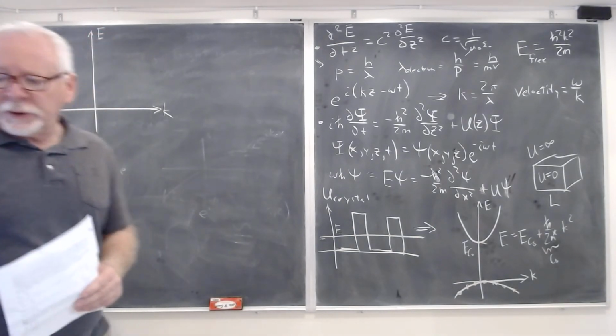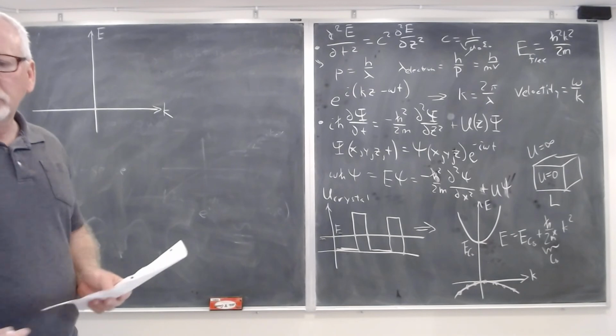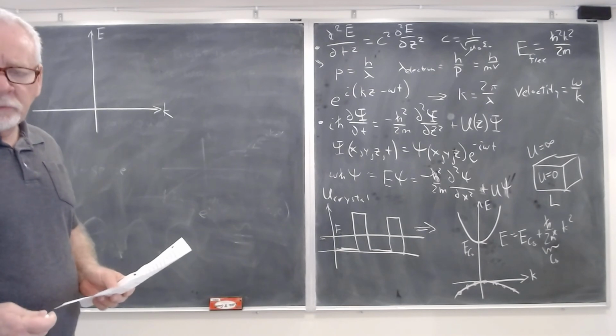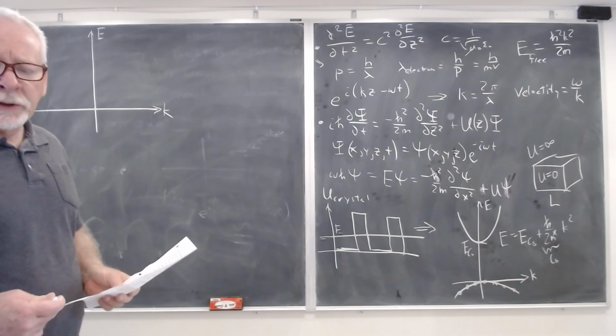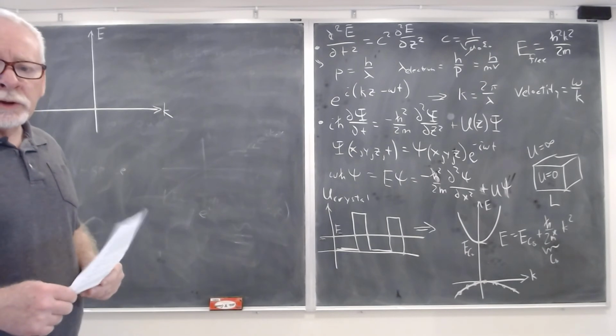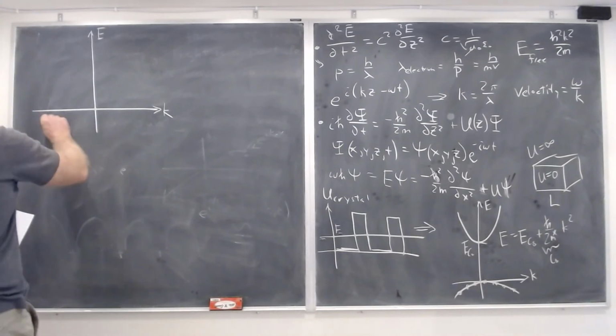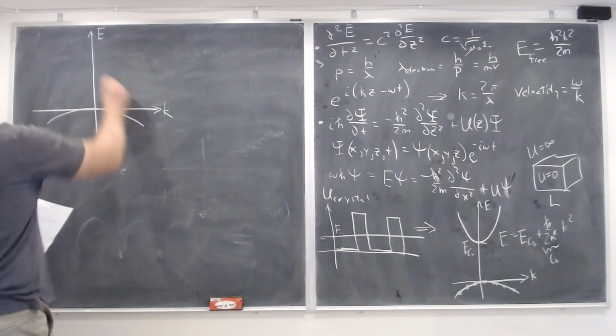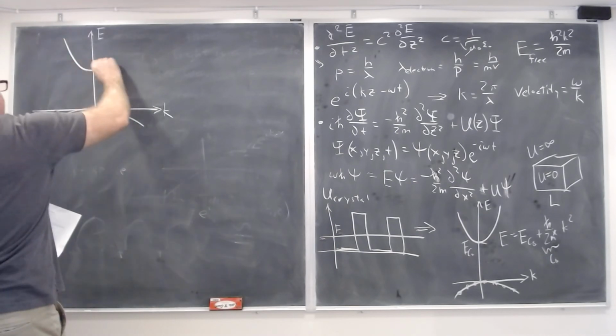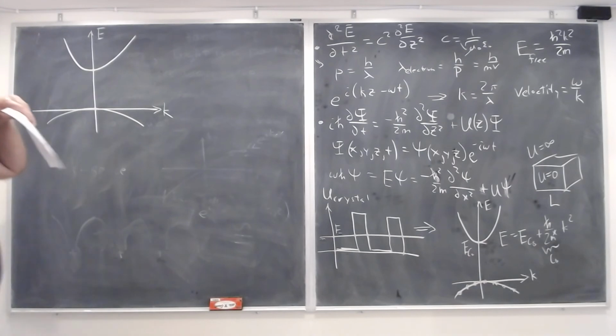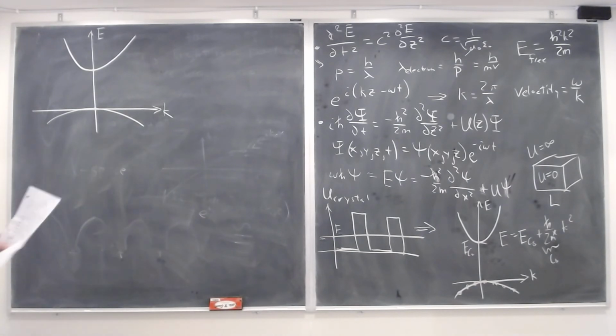And I'll try to draw a little bit bigger and make this a little neater now, because now we're getting into the real important parts of the course. So let's draw our valence band and our conduction band.